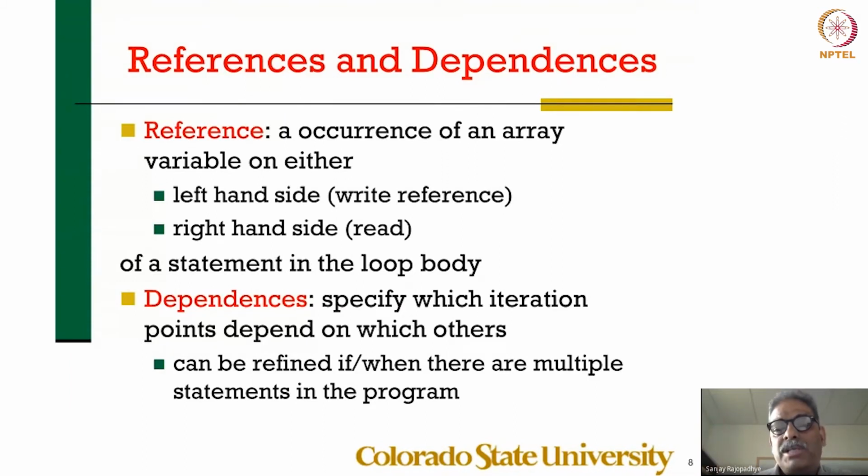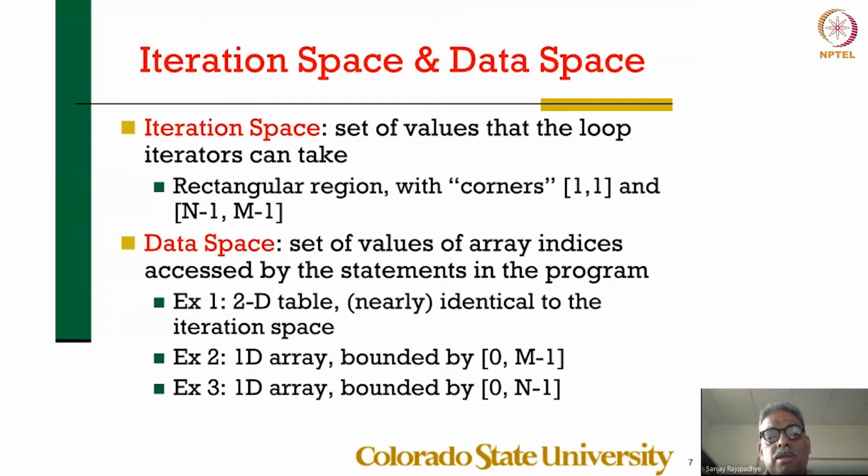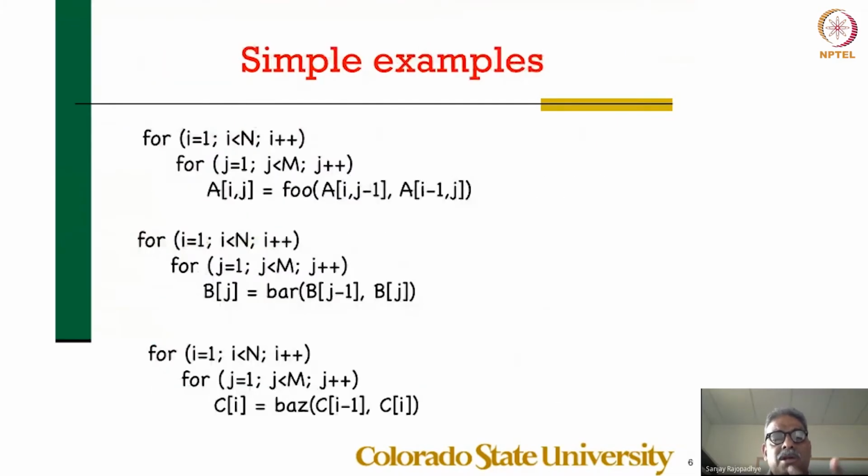So in our examples, in each one, there are 3 references. One is a reference to the left-hand side variable with a certain access function. It's a mapping from the iteration space to the data space. Every reference has that. It is associated with a function that maps the iteration space to the data space.